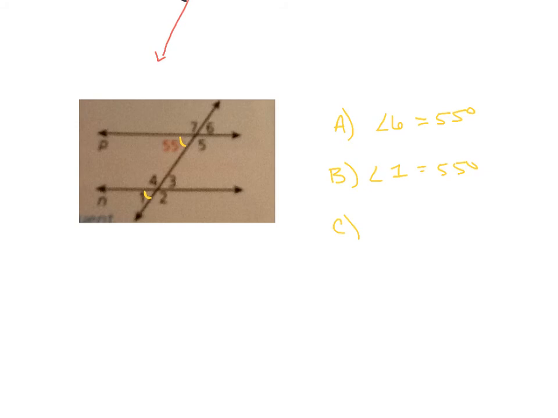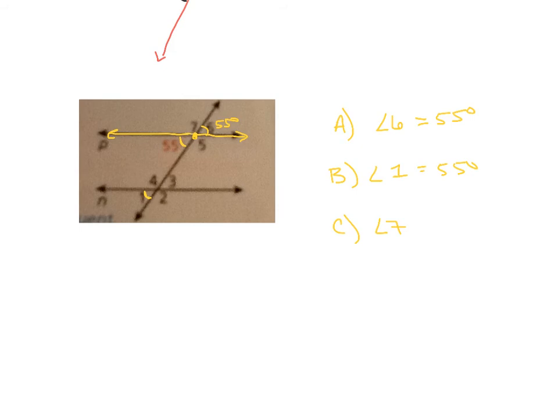Then we're going to look at C, which is the measure of angle 7. Okay? So if we know that this is 55 degrees, is it true there's a vertex right there, and we have an angle going that way and an angle going this way, right?